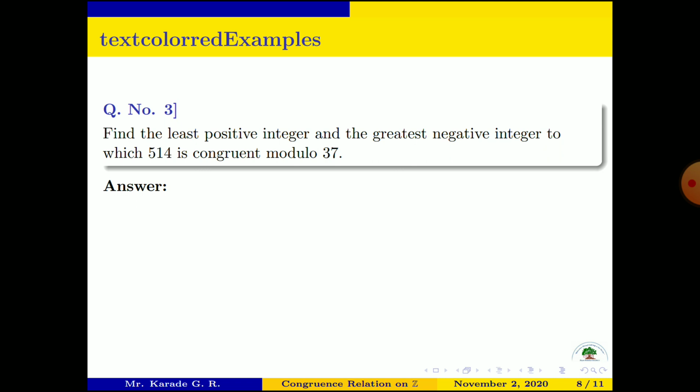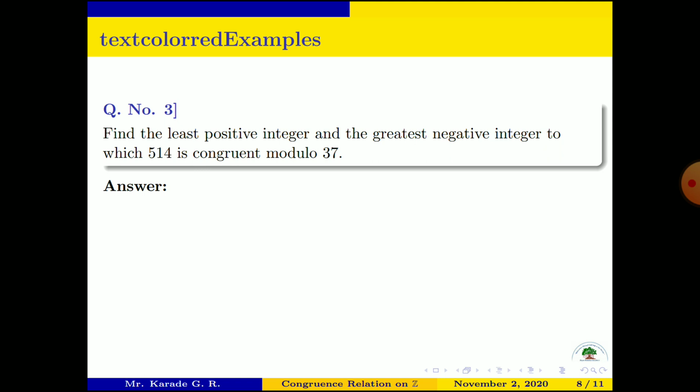So r is the least positive integer such that a is congruent to r mod n. So in this case also, we divide the number 514 by 37, and we observe what the remainder left is.